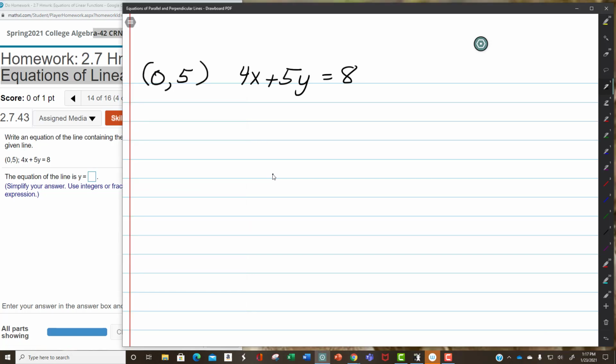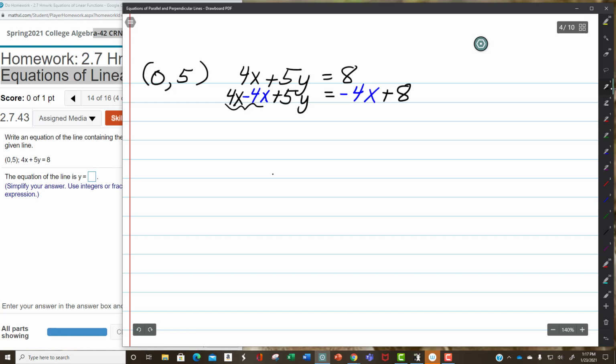So I use this line to find the slope, which means if this had been -8, you would have put -8.